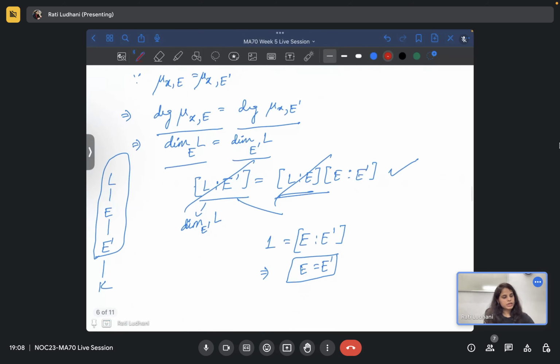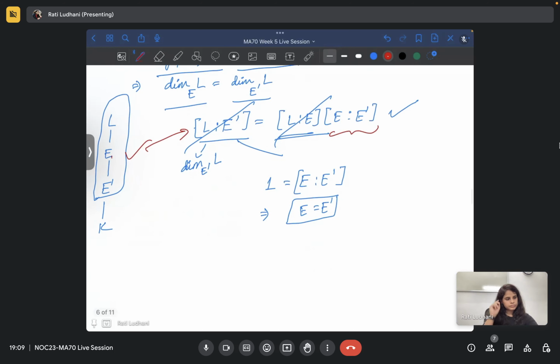And from there we used the formula for L over E over E dash, and then we know that L over E dash and L over E dimensions are the same, so we can cancel it out, so we just get E over E dash equal to 1, which will imply E is equal to E dash. So this means you have this containment and the extension degree is just 1.